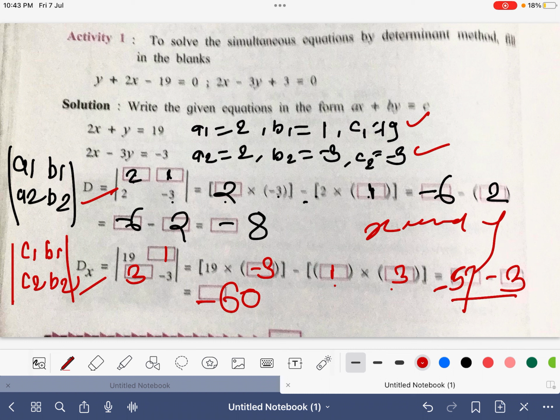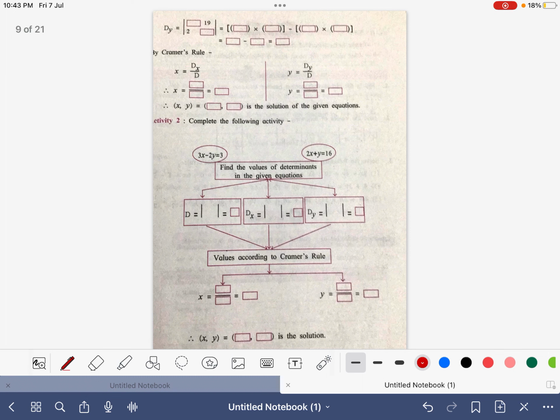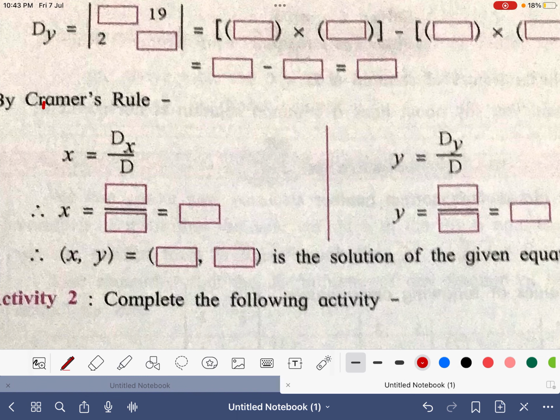So what is the formula for dy? dy is equal to the determinant 2, 19, minus 3, 2. So we have to write it like this, 2 into 2, 19 into minus 3.